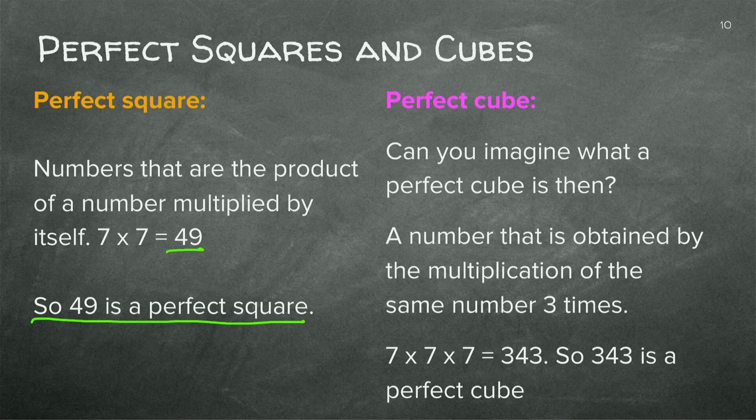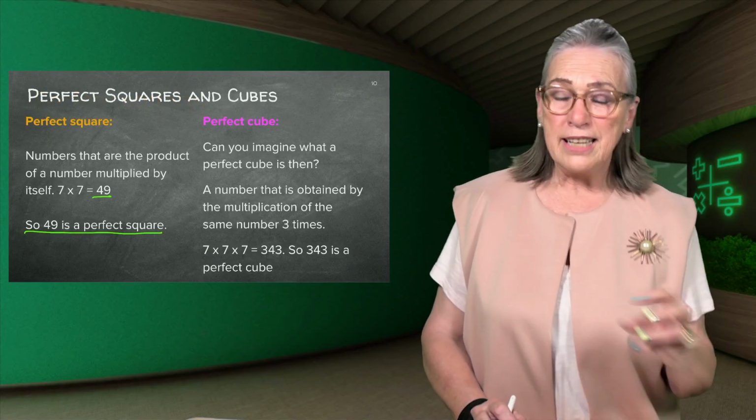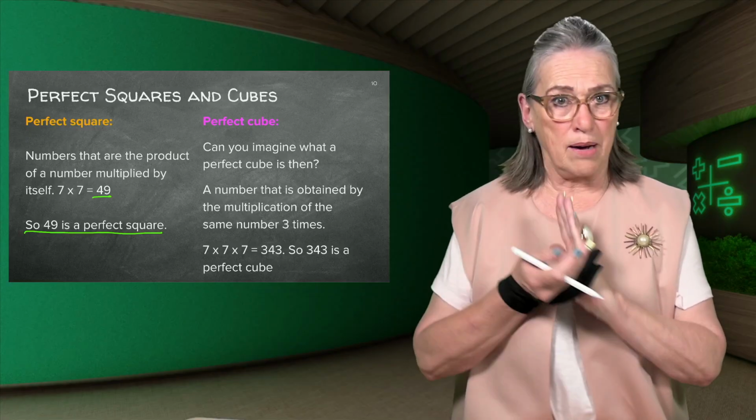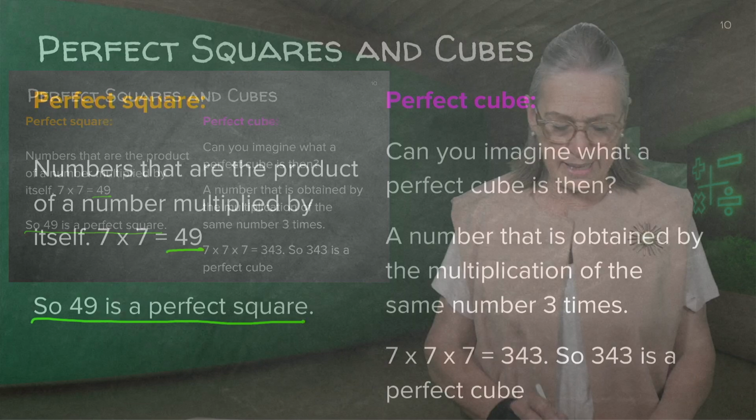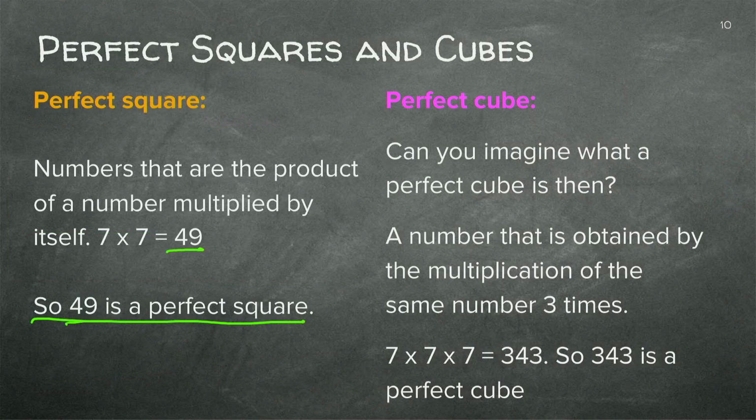So these are natural numbers. What is a natural number again? Yes, whole numbers are all the numbers from 0. A natural number is like a counting number, right? So a natural number multiplied by itself is a square. 49 is a perfect square. You will see in a minute why I'm stressing this.